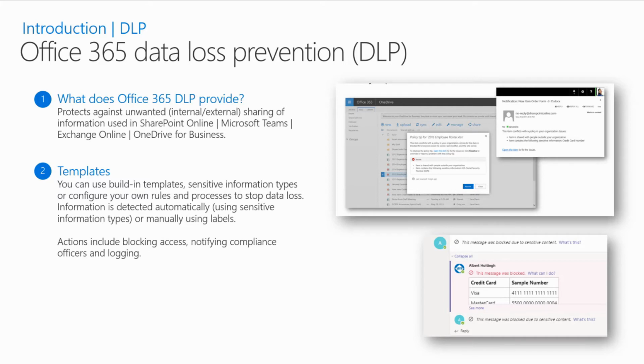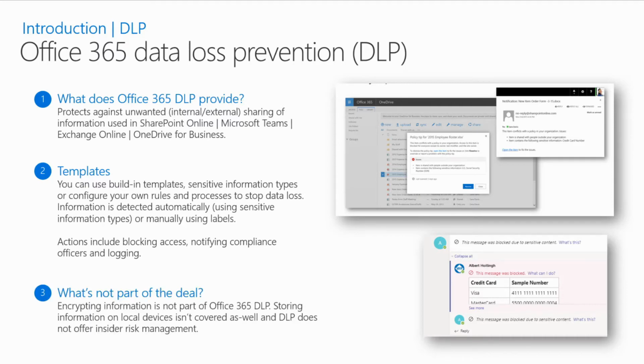There are built-in templates, for example, for health information, credit card information, or privacy-related information, or, which is relatively new, technology-driven information: IP numbers, keys, secrets, you name it. You can set the policies built on those templates to block access or notify compliance officers and use logging.